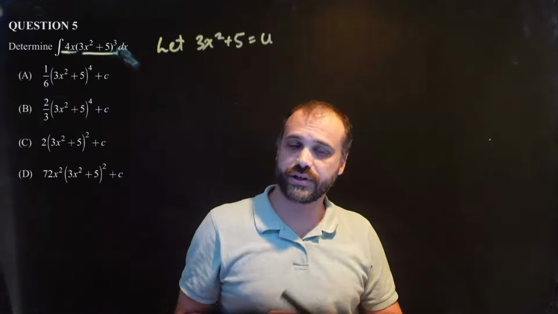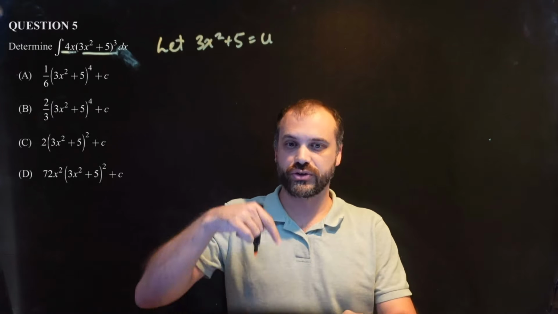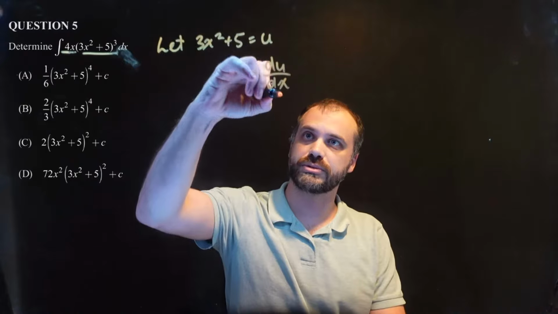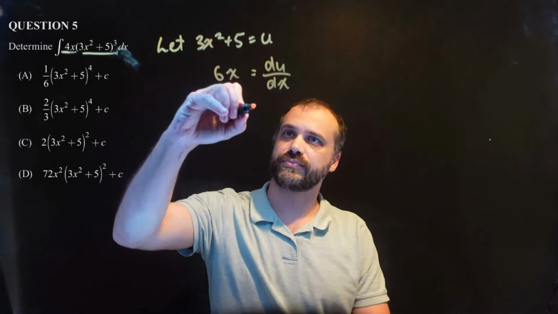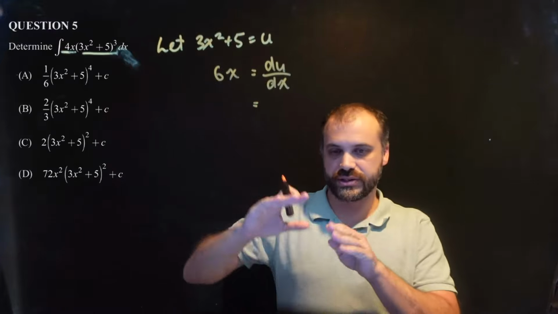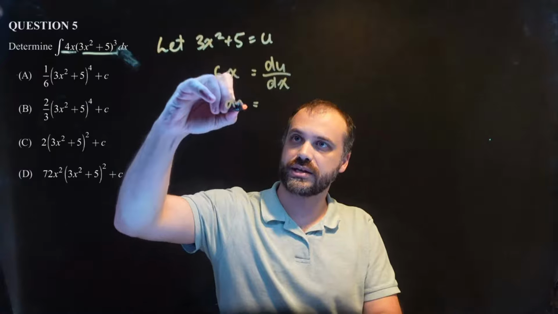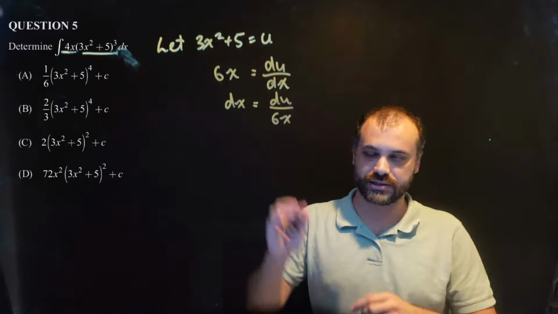Okay, so now that I've let 3x squared plus 5 equal u, I can find the derivative of u with respect to x. The derivative of u with respect to x. And that's just going to be 6x. And then I can do this neat little thing, and I can say, and therefore, dx equals du on 6x.